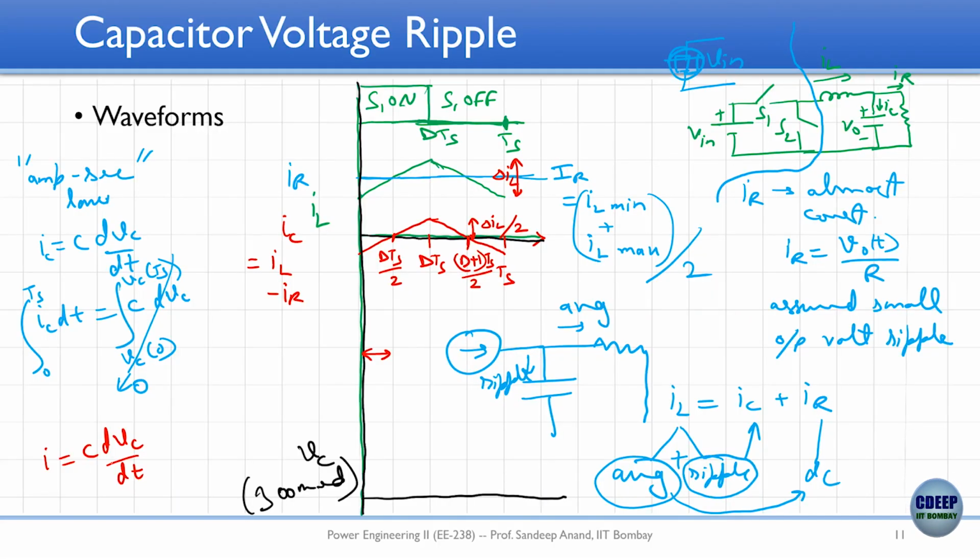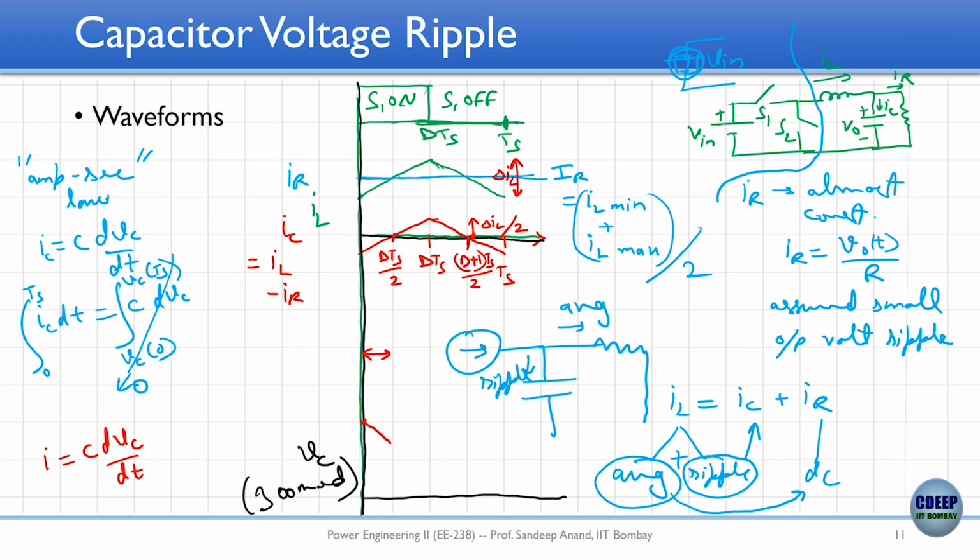So dV by dt is I by C. Is the current in the capacitor positive or negative from 0 to dTs by 2? Negative. So dV by dt will be negative. So if I am starting from here, it will go down, okay? Some shape, not a straight line, of course, it is the integral of a straight line, right? So not a straight line, in some shape it goes down.